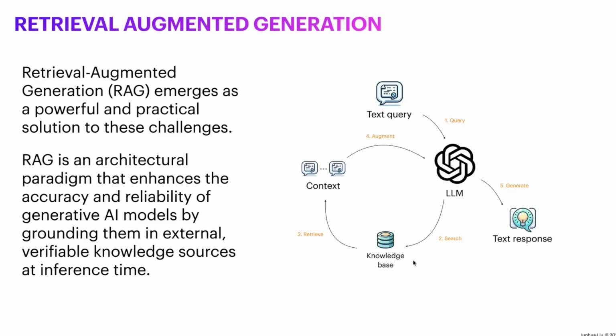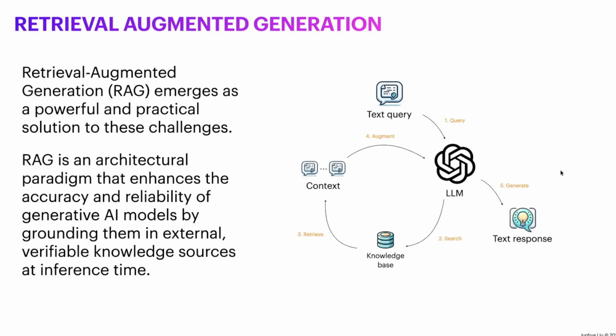Through some technique, we retrieve the relevant context from that knowledge base and use it to augment the original query to form a prompt to pass into the large language model and generate the text response. So RAG is an architectural paradigm that enhances the accuracy and reliability of generative AI.